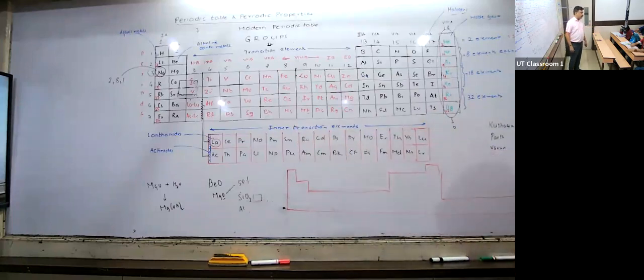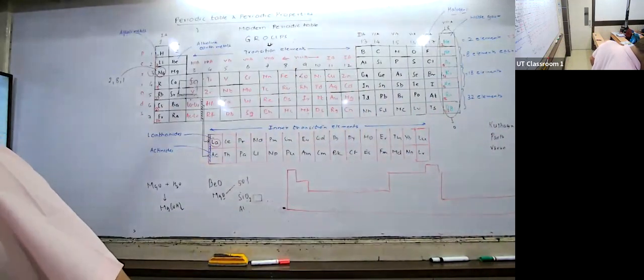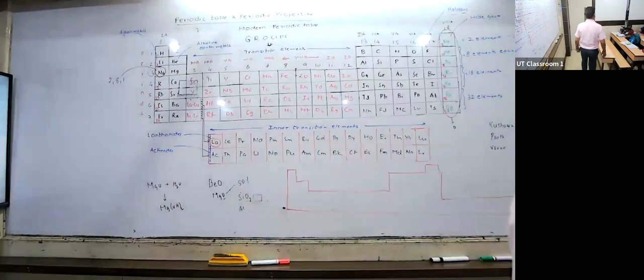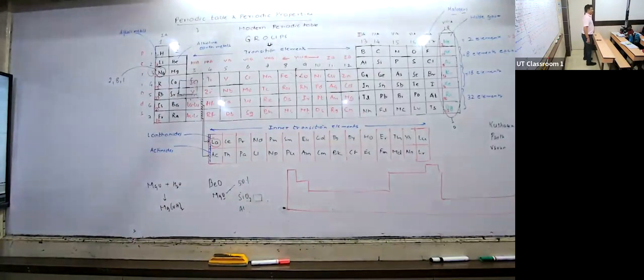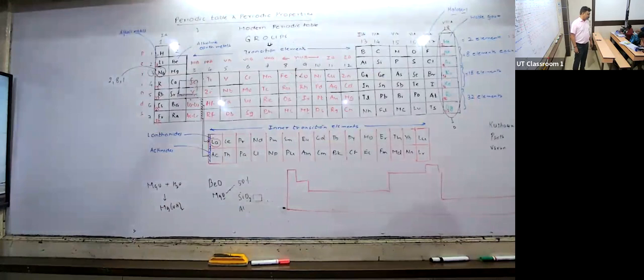Now let us come to the questions in this particular ICSE book, the review exercise. Look at the UT volume, the review exercise. Look at the last one, review exercise question number 1. Did you see the review exercise?